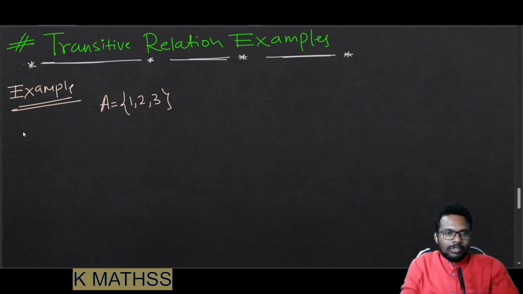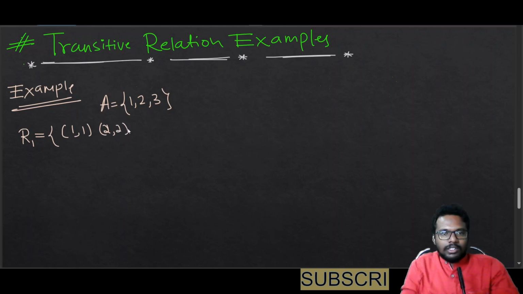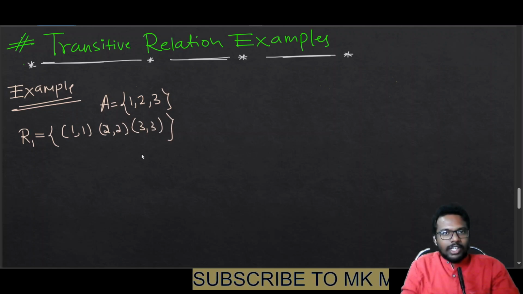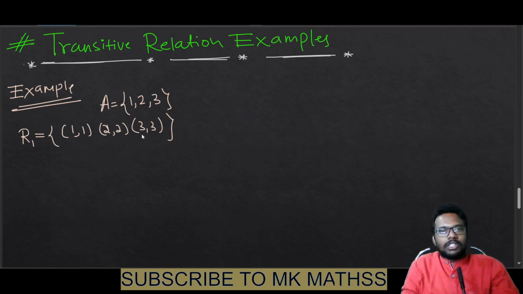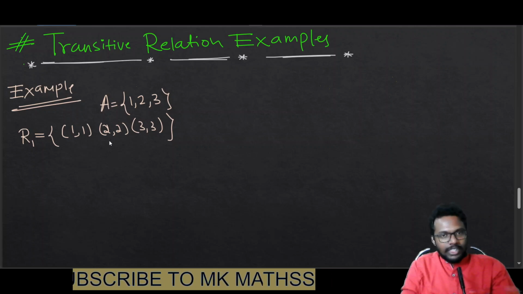Let us consider relation R1. In relation R1 we have three ordered pairs: (1,1), (2,2) and (3,3). So these ordered pairs are related to themselves only.